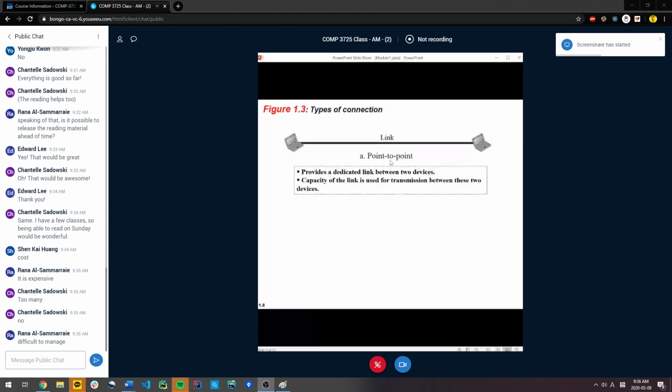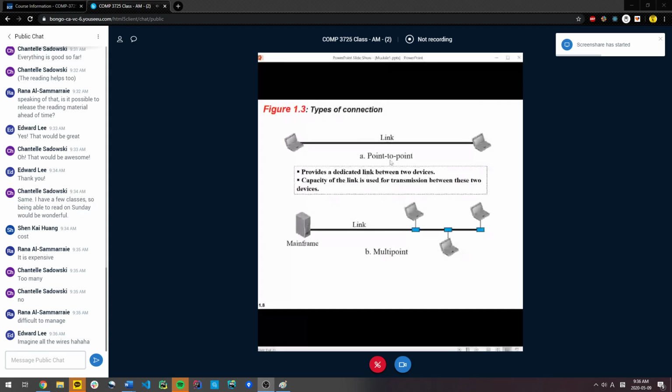So in real life, most deployments are in a multi-point infrastructure as you see here. This is a classic T-junction where you have a main link, and as machines want to be added onto the system, you just start tapping off. So what does that mean? Now you have more than two devices sharing the single link.